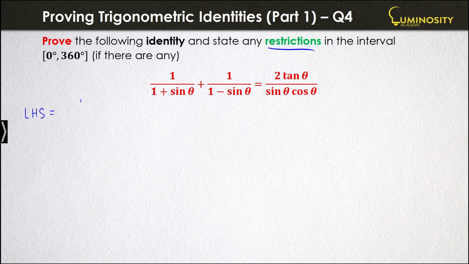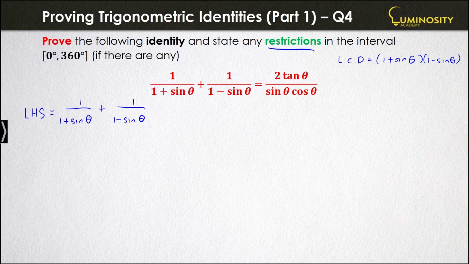That's equal to 1 over 1 plus sine theta plus 1 over 1 minus sine theta. When you add or subtract fractions, you always need a lowest common denominator. In this case, it is the product of the two denominators, 1 plus sine theta times 1 minus sine theta.